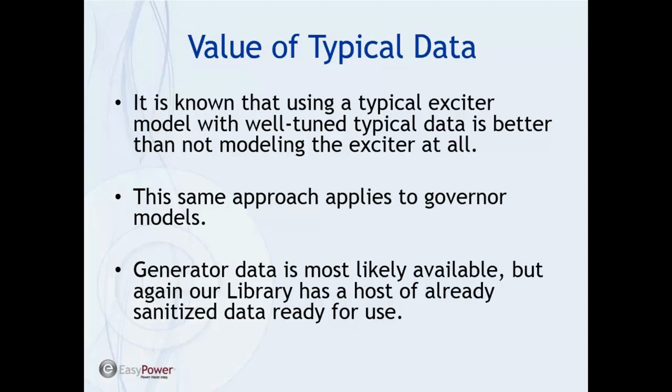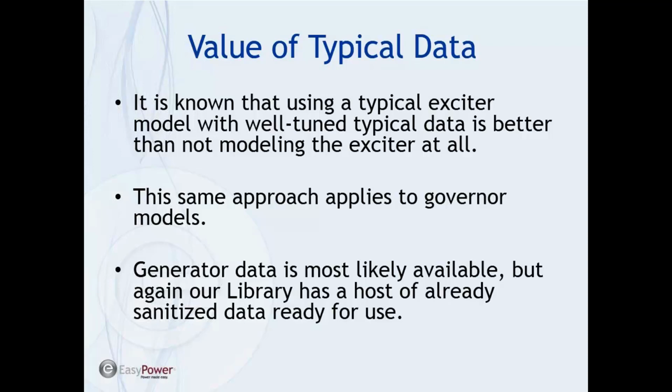But still, I would say in almost every case, the excitation system is going to be tuned for the system where it's applied. This also applies to governor models. They are going to be tuned to give as good a response as can be achieved with that particular generator.